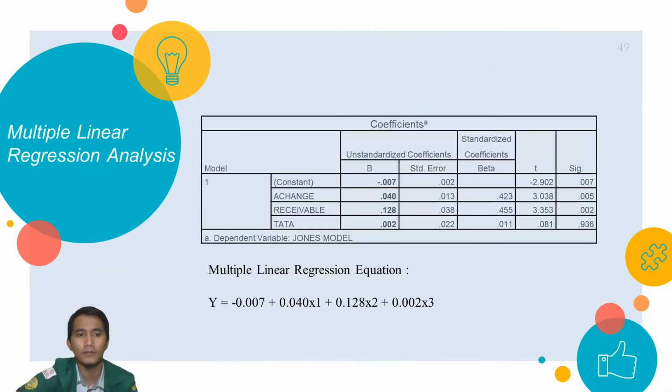Multiple linear regression analysis. The equation is Y equals minus 0.007 plus 0.040 X1 plus 0.128 X2 plus 0.002 X3.